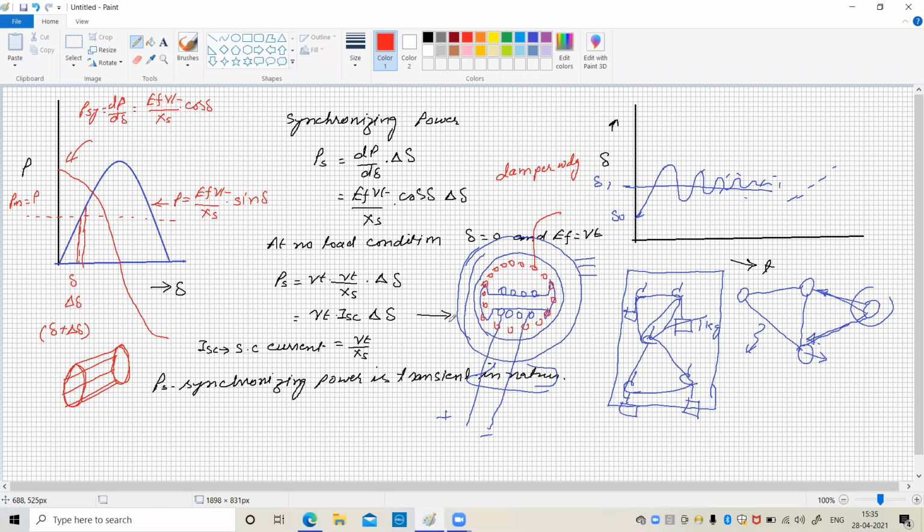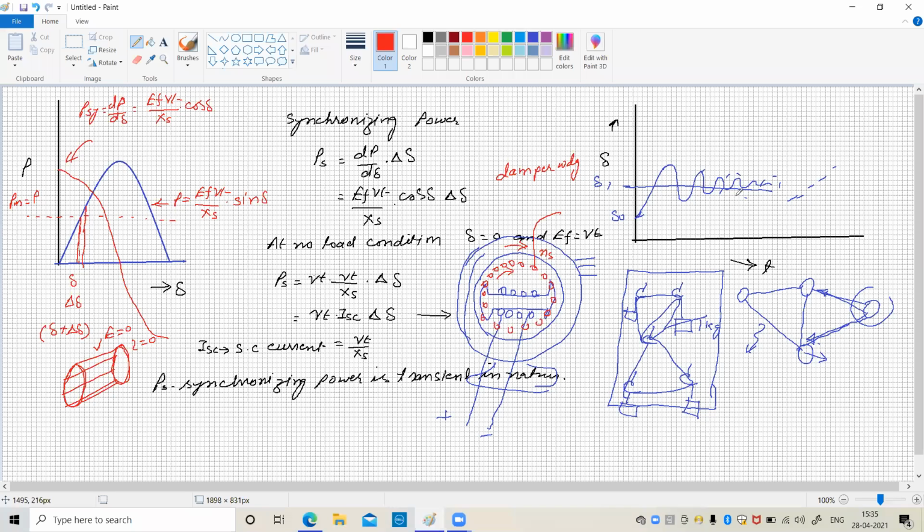So when they are running at the synchronous speed, say the synchronous speed is ns, the rotor is also running at the synchronous speed. So there is no cutting of magnetic flux, and hence the EMF induced in the conductor is zero, and current is also zero. But as soon as the fault occurs, the rotor is going to oscillate.